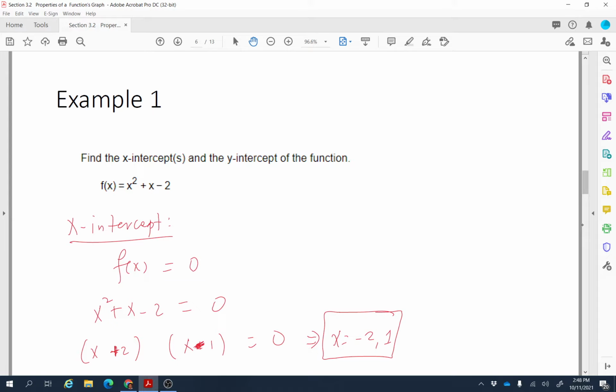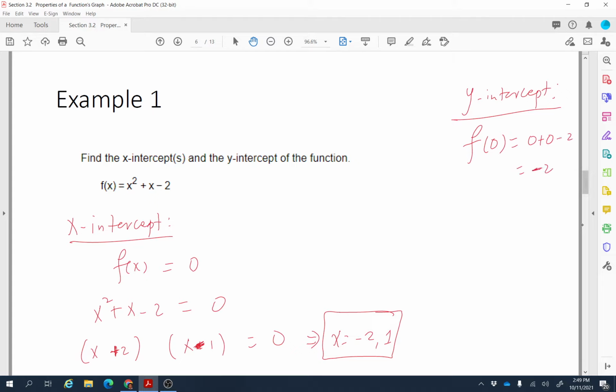And for the y-intercept, we just need to find the value of f of 0, meaning whenever you see x in the function, replace it by 0. So that will be 0 plus 0 minus 2, which is -2.